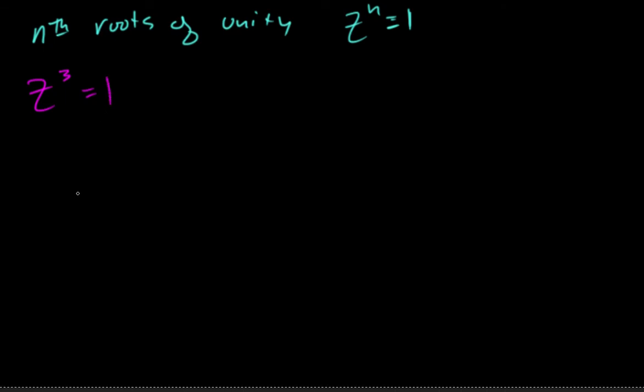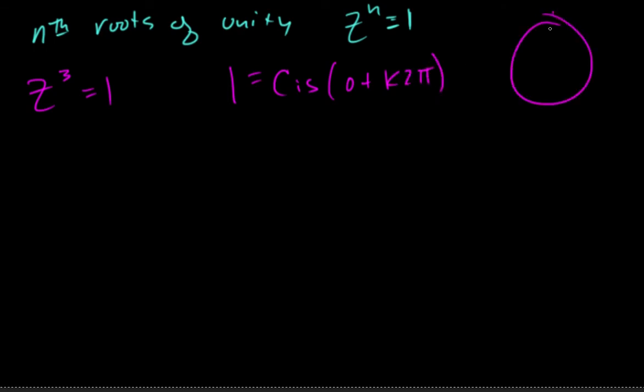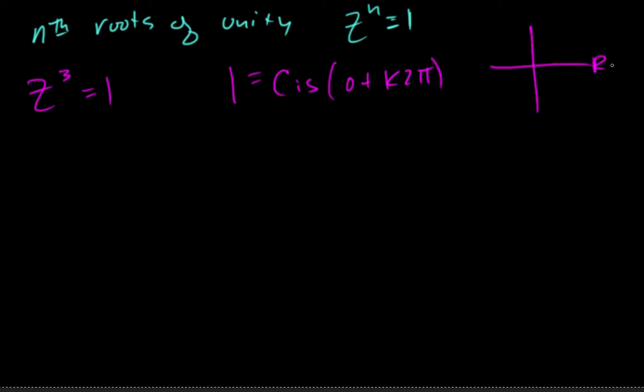And so if we do 1 is equal to cis 0 plus k2 pi, because if we're right here on the real and we want to go 1, our rotation is 0. So we're going to write z3 equals cis k2 pi.